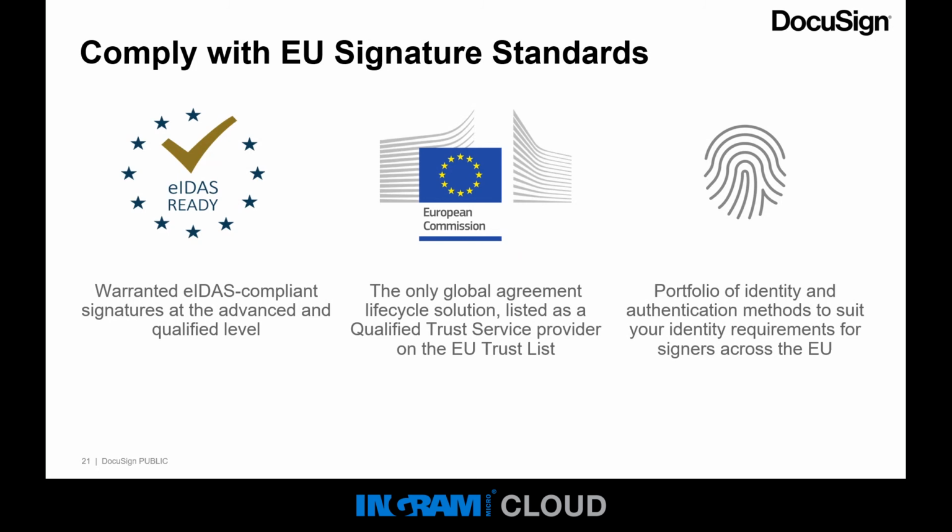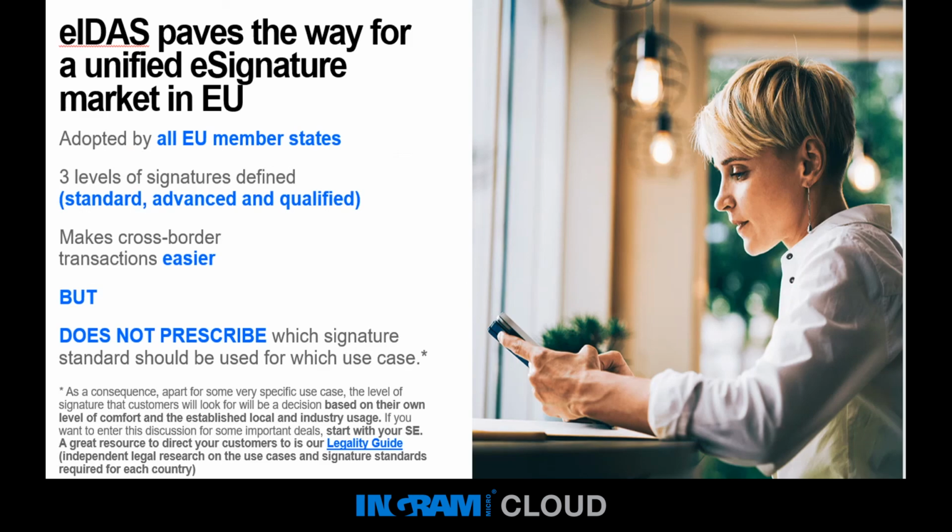So if we take identity as that example, and the eIDAS regulations behind that, there's really three different standards of signature which are defined, and these are adopted by all of the European Union member states.